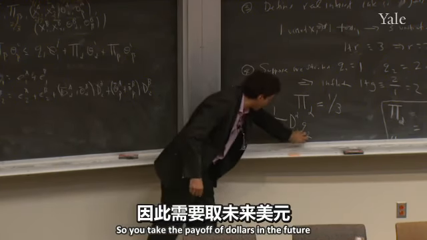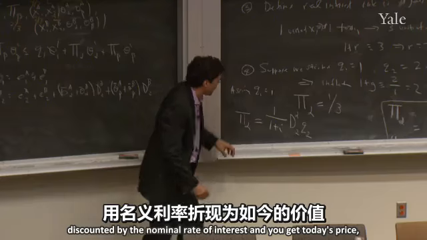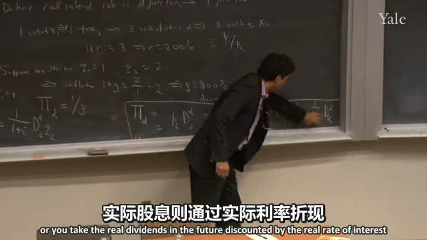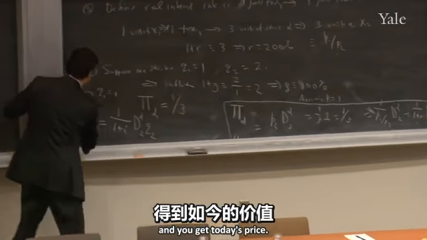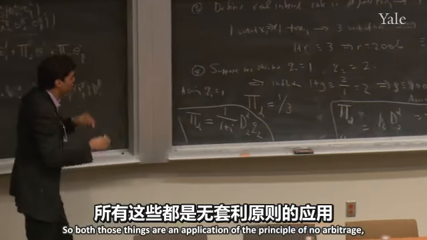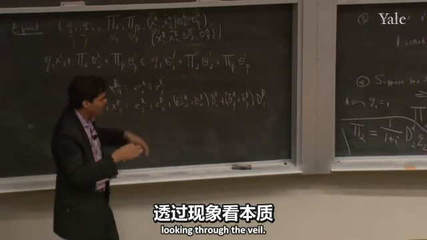So you take the payoff of dollars in the future, discounted by the nominal rate of interest, and you get today's price. Or you take the real dividends in the future, discounted by the real rate of interest, and you get today's price. So both those things are an application of the principle of no arbitrage looking through the veil.